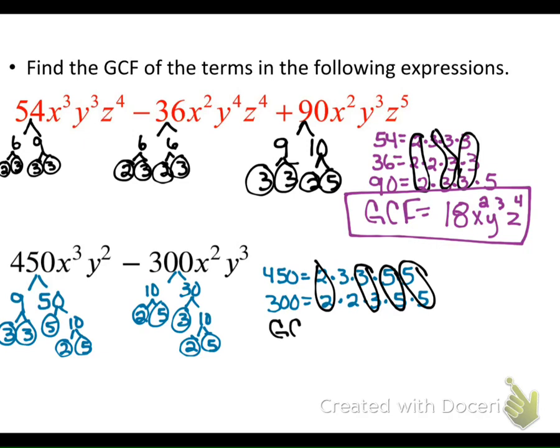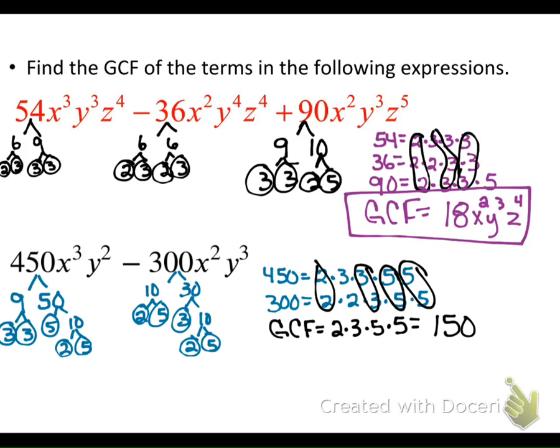So the greatest common factor is going to be 2 times 3 times 5 times 5, which is going to equal... I think I know what it is. Somebody check my math though. 2 times 3 is 6, times 5 is 30, times 5 is 150. Am I done? Nope.